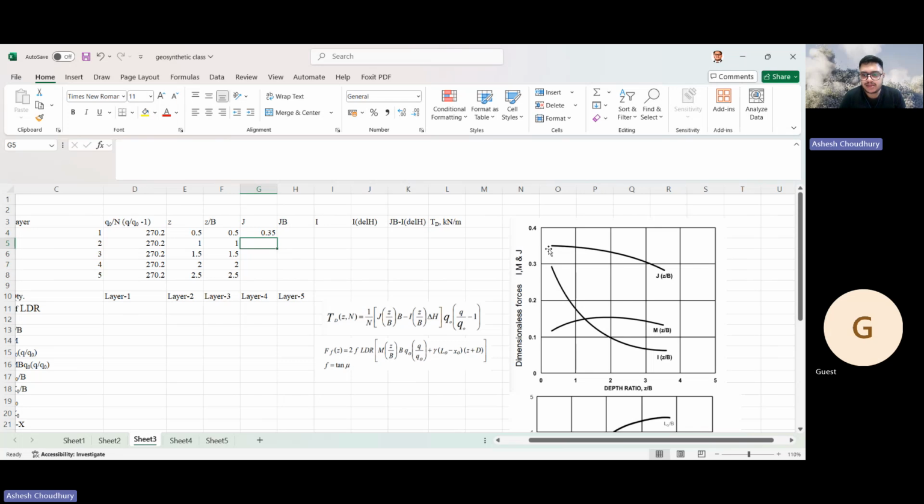Now for Z by B equal to 1, it will be here, so it will be less than that. For Z by B 1.5, take approximate value here. For Z by B as 2, a bit lower than that, and then for Z by B 2.5, here.